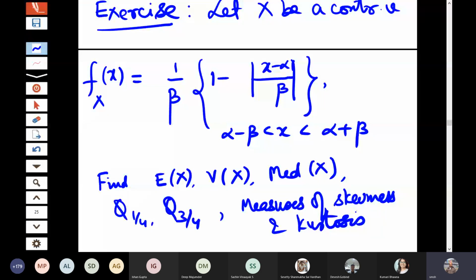Find out the mean, the median, the variance, the first and the third quartiles, and the measures of skewness and kurtosis. Just write down the calculations. It's a large class, so I am giving you 5 minutes time.